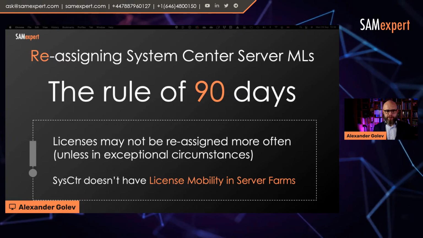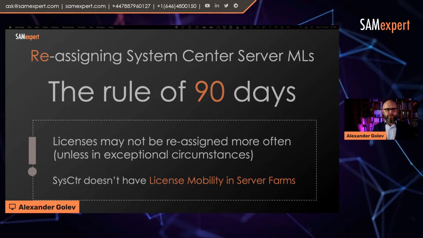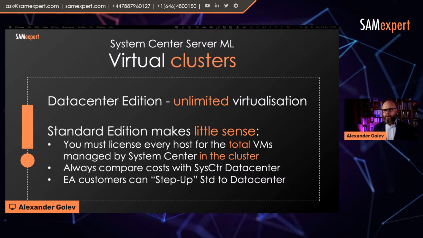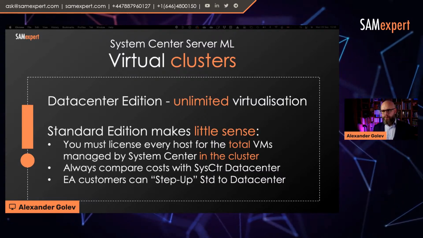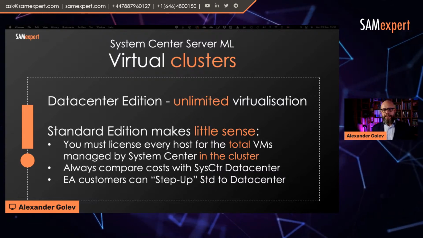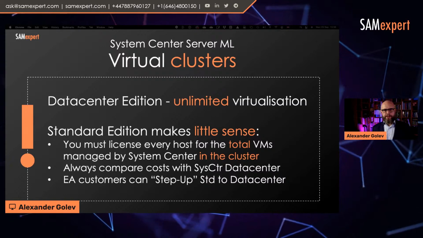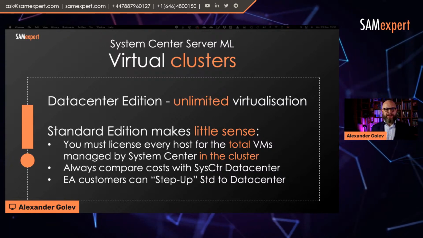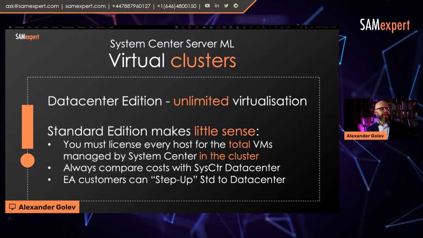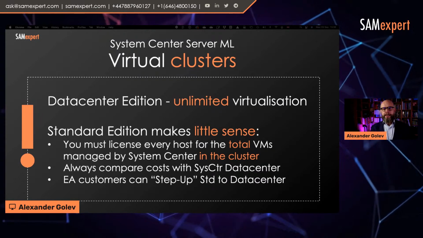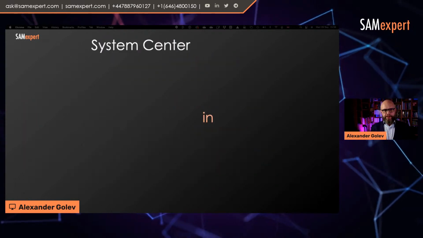So you need to basically follow the same rules of either assign Datacenter for unlimited virtualization, or think about how if you want to stack Standard licenses, same caveats apply. I don't remember the ratio with System Center. I think it's also about 1:4, 1:3. So in System Center, Datacenter starts making sense much earlier than with Windows Server license.